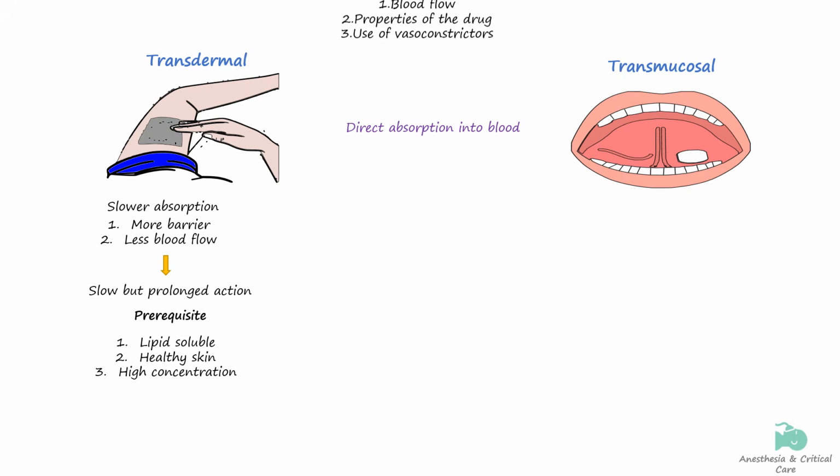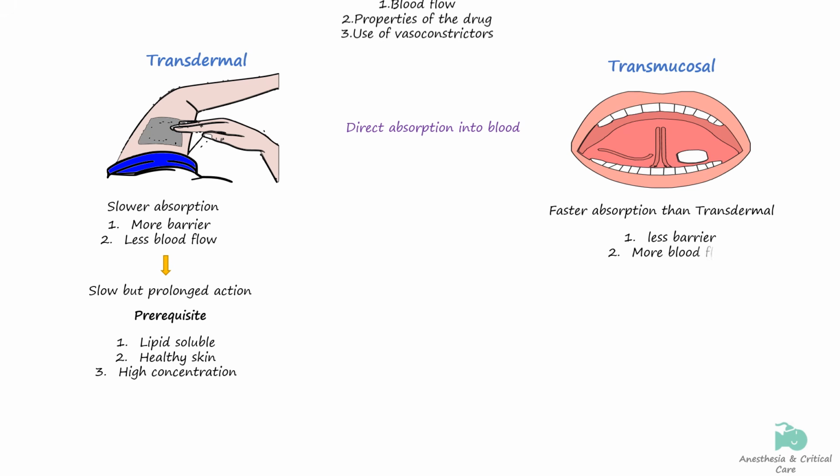Transmucosal absorption refers to the absorption of drug from the mucous membranes such as those in our mouth, like buccal and sublingual, nasal passages, rectum, and vaginal areas. Transmucosal delivery is characterized by a much more rapid absorption compared to transdermal delivery owing to a high mucosal blood flow.